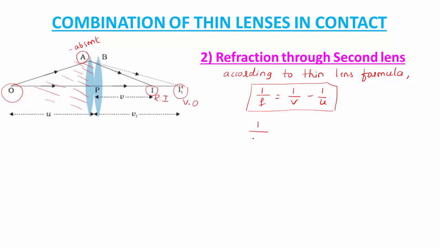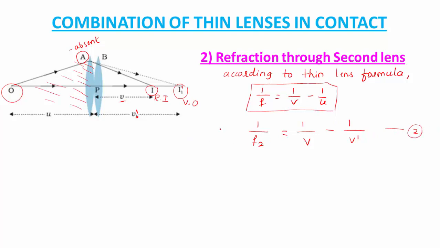So instead of 1 by f, I am going to write 1 by f2 for the second case, equal to 1 by v minus 1 by u. 1 divided by the image distance v, which is formed at point I, keep as it is, minus 1 divided by the object. The object is invisible, we considered a virtual object, so instead of u, I am going to write v dash. Again, don't apply Cartesian sign conventions here because we are using the thin lens formula where we already applied sign conventions, right? So let us take it as equation number 2.